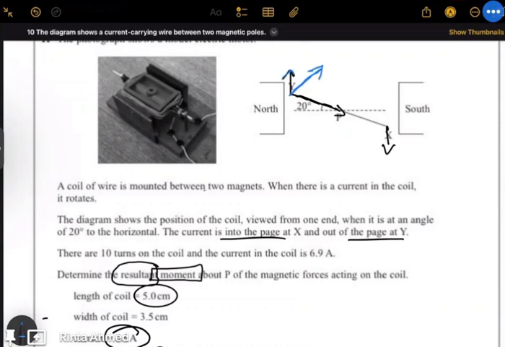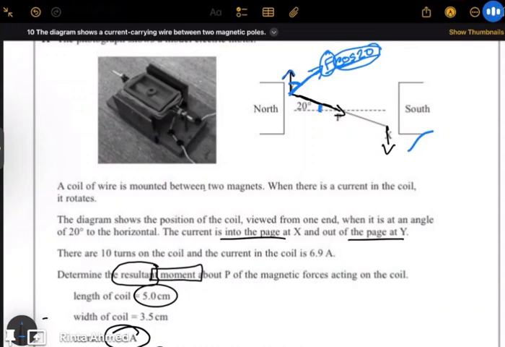So the perpendicular component will be this, which will be F cos 20. This is the 20 which will be here as well. We all know that this angle and this angle are always similar. We have already found the F, and now we have to find out the cos 20.